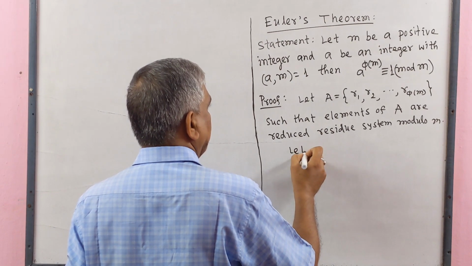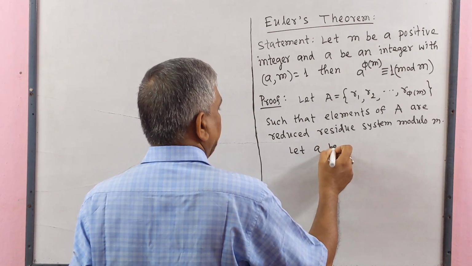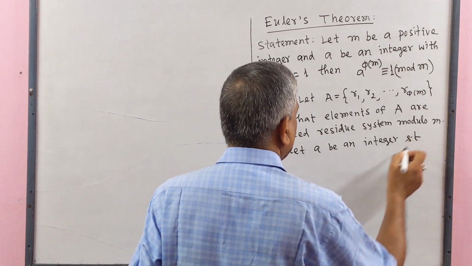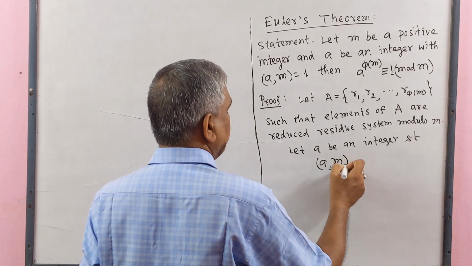Let a be an integer such that GCD of a and m equal to 1.